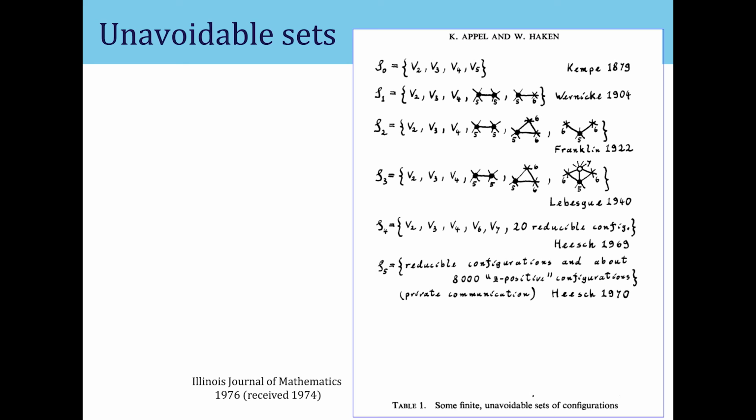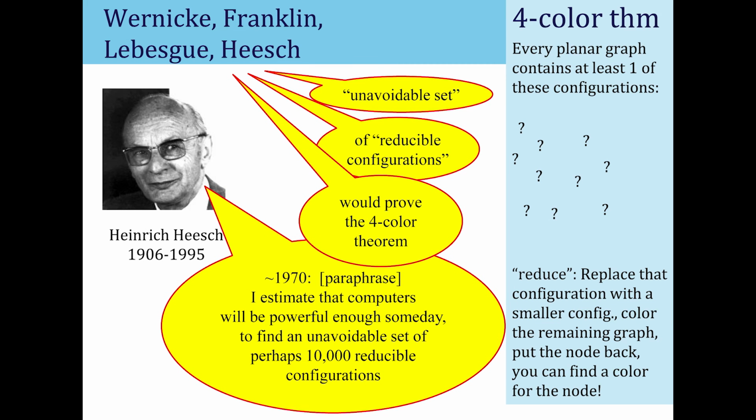So this was the progress up to 1970: if you could find an unavoidable set of reducible configurations, that would prove the 4-color theorem. And so Heesch said, well, someday computers might be powerful enough to find an unavoidable set of perhaps 10,000 reducible configurations.